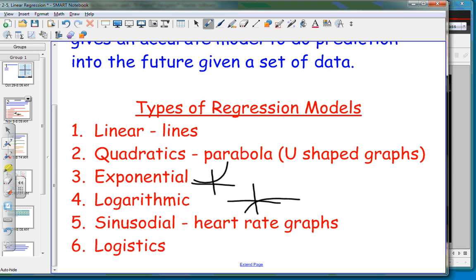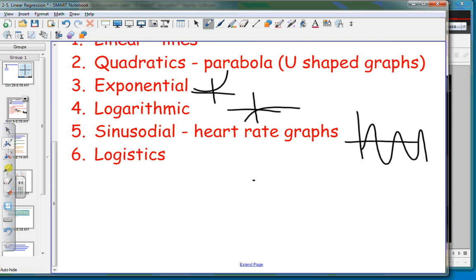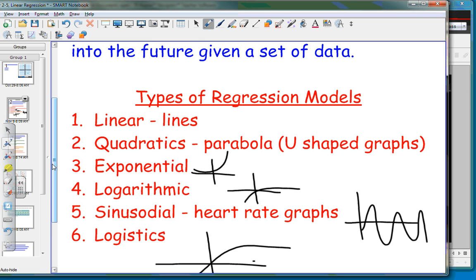Sinusoidal, meaning it is the heart rate. It is the sine curve. Okay, do we see that? And the last one is going to be logistics. It's used for earthquakes and things of that nature. And it looks like this. Do we see that? Yay or nay? Yay. Now, are we focusing on any of these today? The only one we're focusing on is going to be linear. Okay?